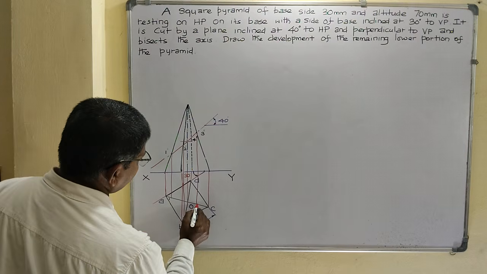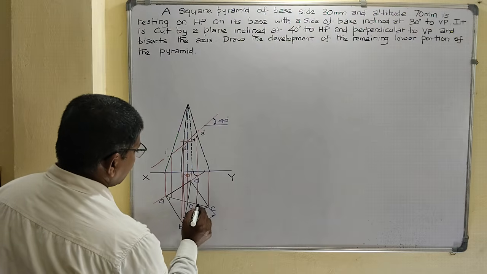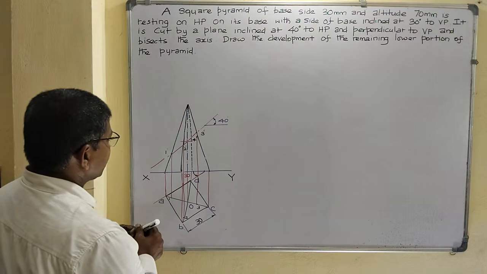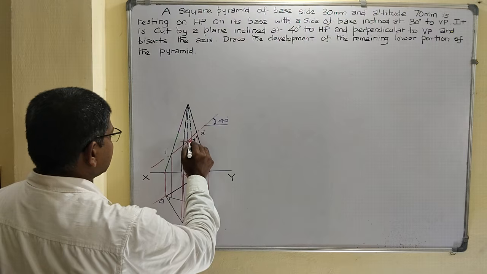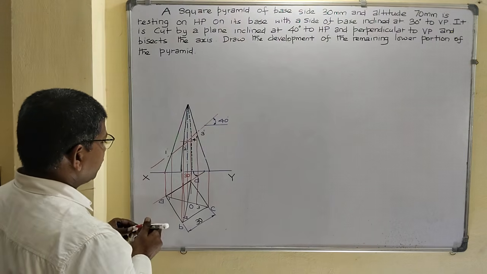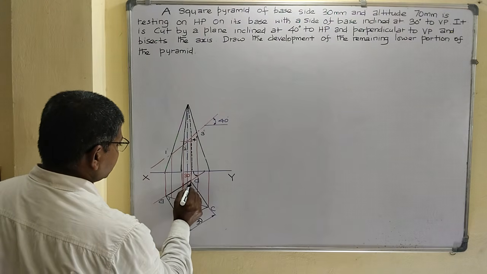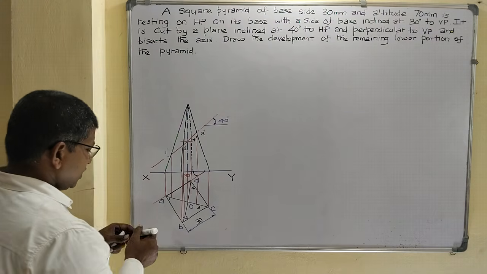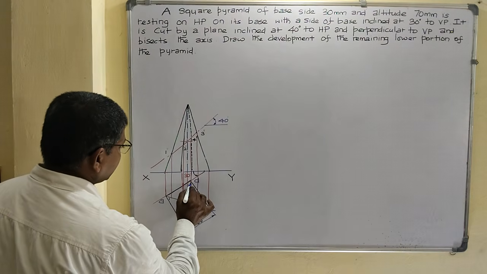Mark the cutting point 3. And from 4 dash, draw a vertical line. Mark the point 4 on OD. This is our sectional top view.